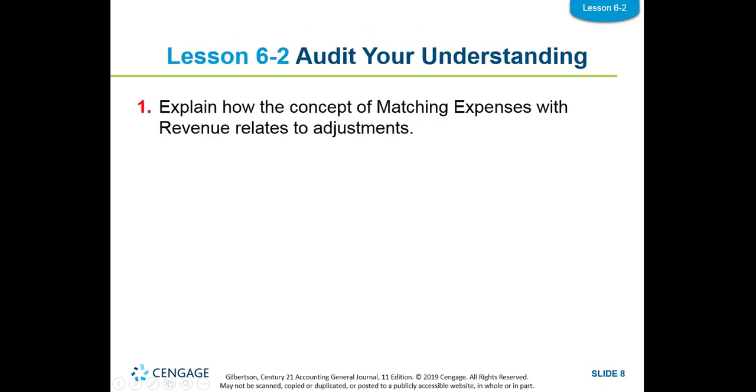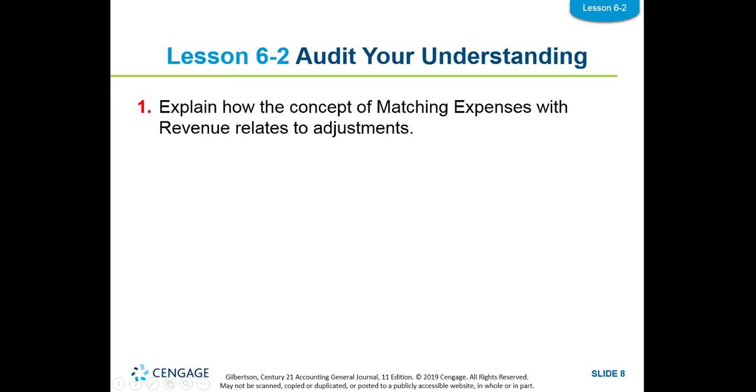So let's take a look at this question. Explain how the concept of matching expense with revenue relates to adjustments. Well, let's think about it. We have to make sure that expenses are recorded exactly at the same time that we make the revenue.